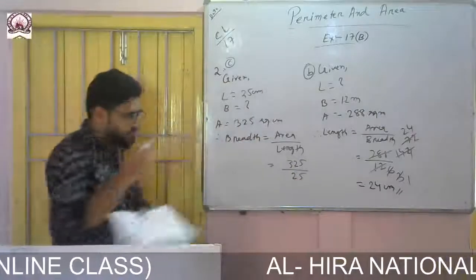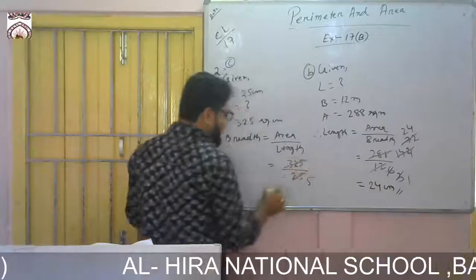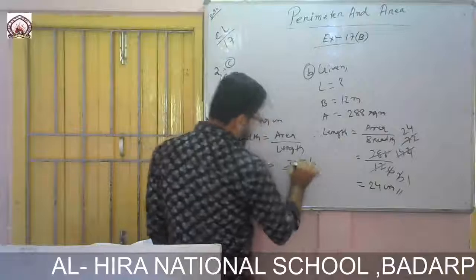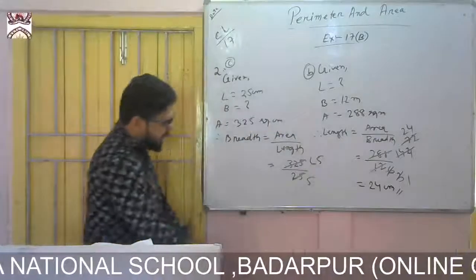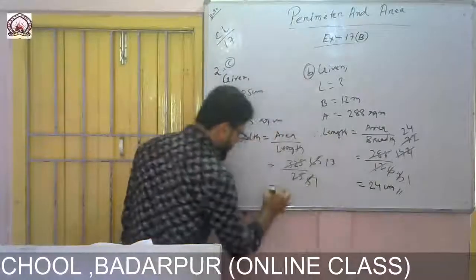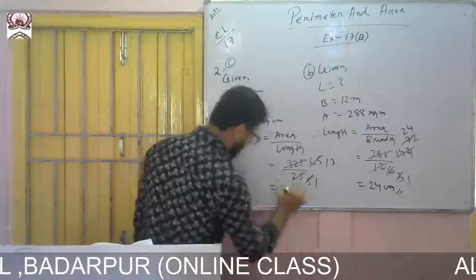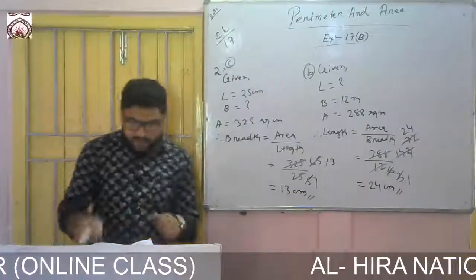Let us cancel with 5: 5 5 jar 25, 5 6 jar 30, remain 2 25. Then 5 5 jar 25, then 5 1 jar 5, 5 20 jar 65. So it is 13 centimeter.